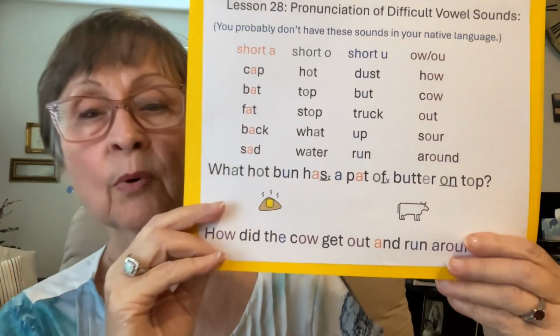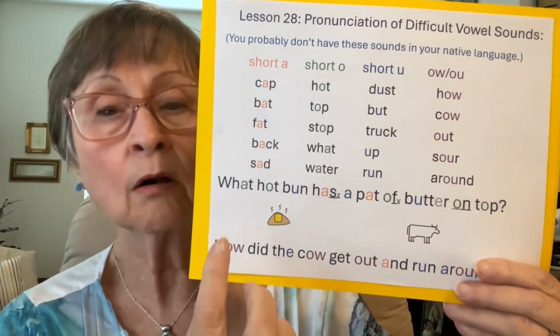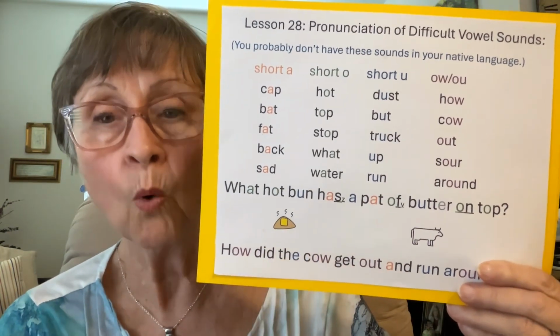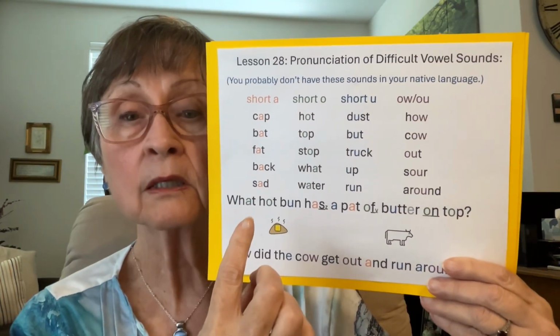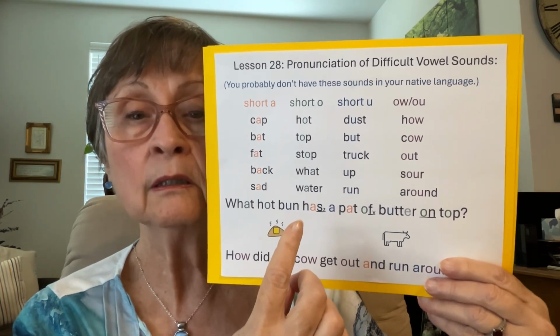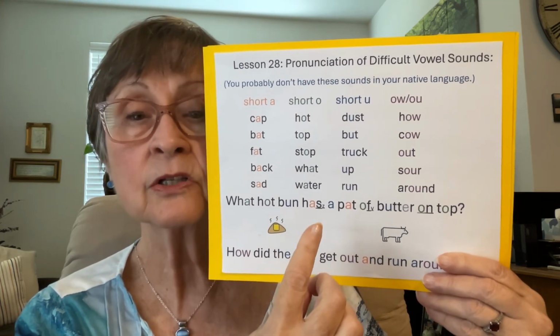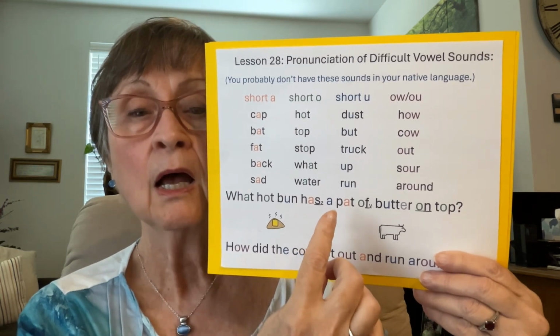Here's a sentence you can practice that. And remember, the A sometimes makes the short O sound. Not always, but every once in a while, like in want and what. What, hot, bun, has. I put a Z there to let you know that's a Z sound.